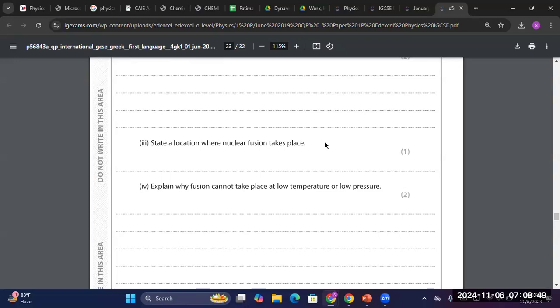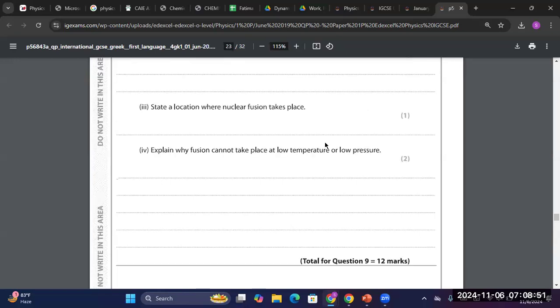Okay? Now they're saying explain why fusion cannot take place at low temperature, low pressure. In the stars, in the sun, we have a very high temperature and a very high pressure. That is the reason nuclear fusion occurs. Why will it not take place if the temperature is low or if the pressure is low?